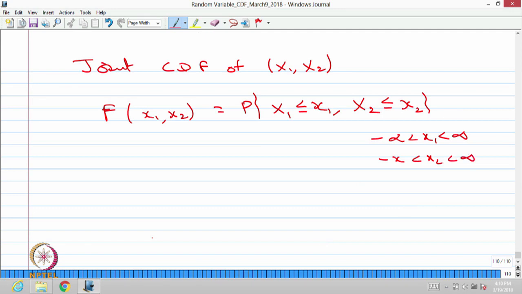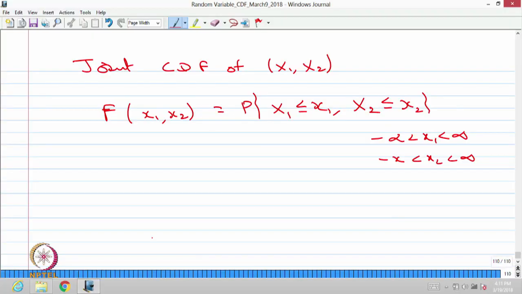Similar to the way we have defined the CDF of a one-dimensional random variable, now we are defining the CDF of a two-dimensional random variable with the two variables small x1 comma small x2. That is nothing but the probability of capital X1 is less than or equal to small x1 and capital X2 is less than or equal to small x2.